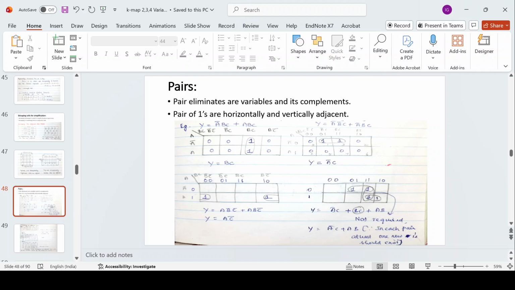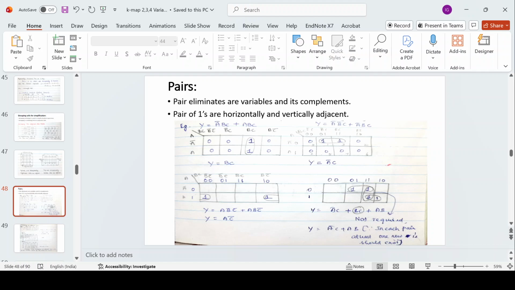These are some examples of pairing the cells: what kind of ways we can group and what should not be done. All are represented in the diagram.